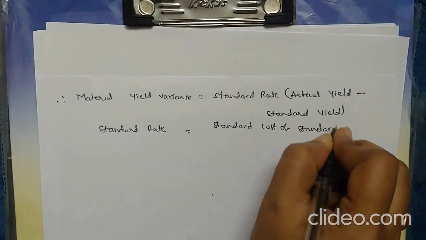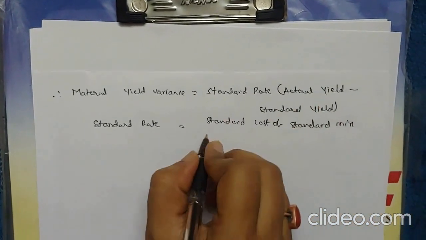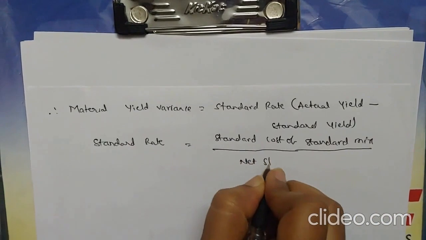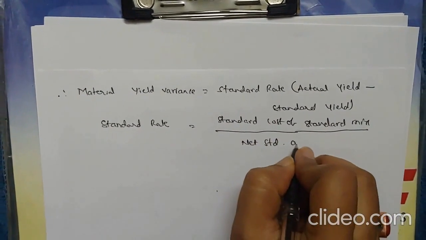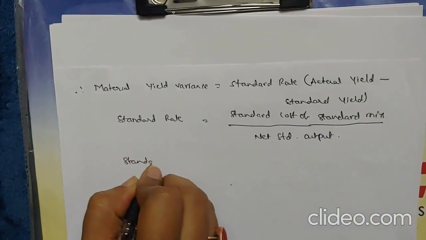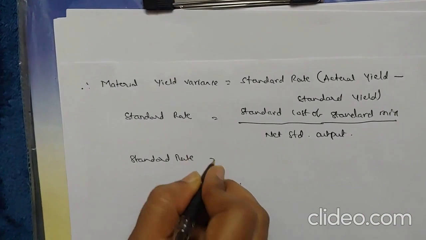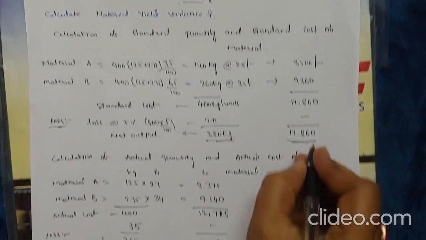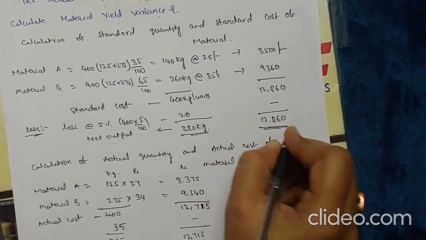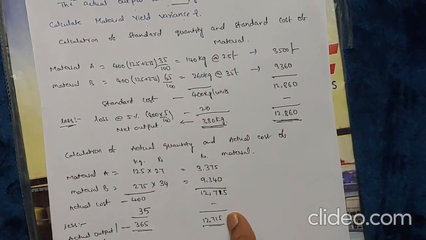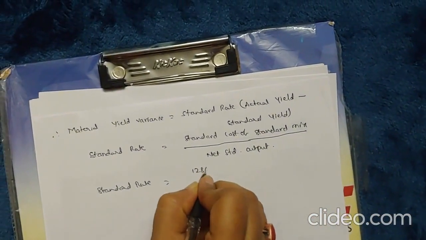Therefore, material yield variance is equal to standard rate into actual yield minus standard yield.